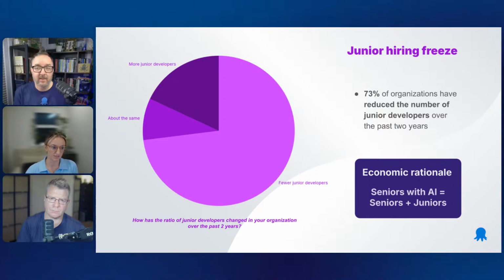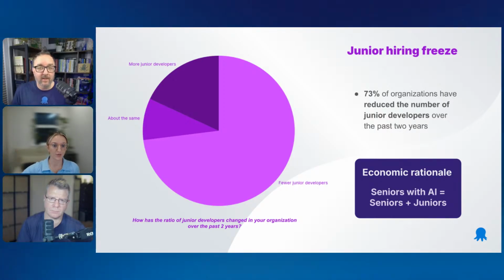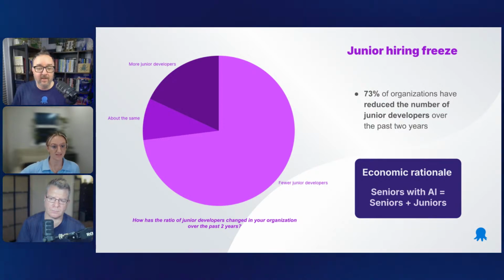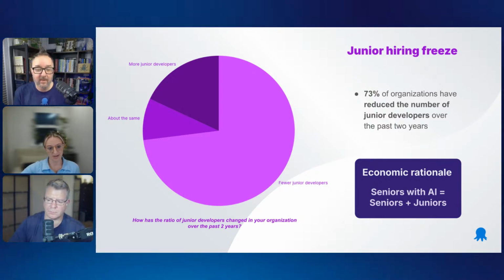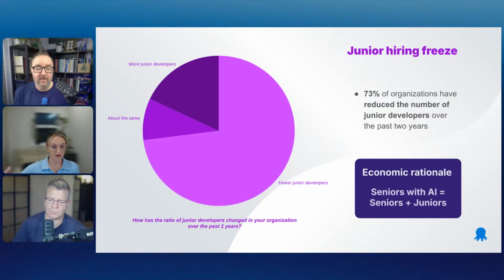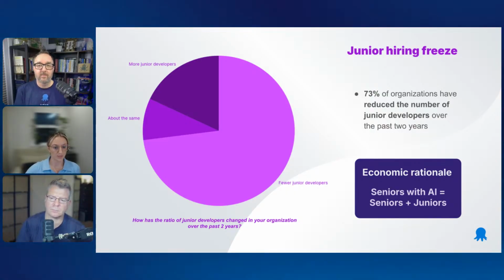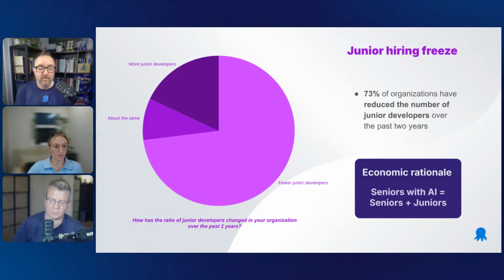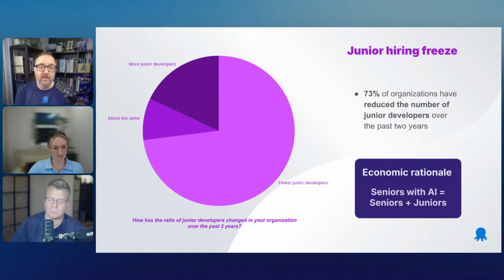We still need juniors, but the reason AI is important here is because we've already talked about where AI excels. It excels at the high volume routine tasks that are traditionally performed by junior developers. So there is a trend to reduce the number of junior developers because AI is doing their tasks.